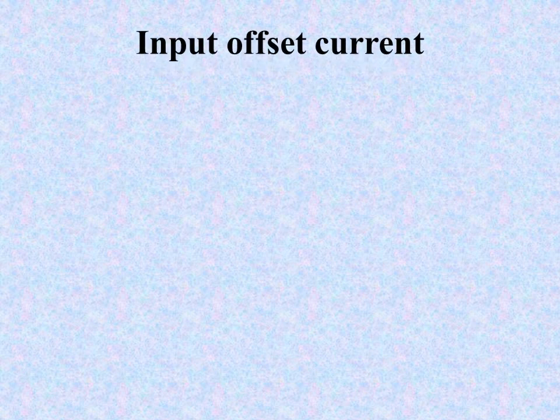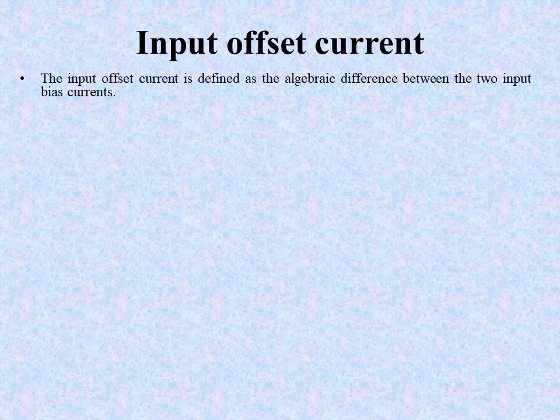Now next is input offset current. We have already studied its definition before. It is the algebraic difference between the two input bias currents, that is, I_IO is simply IB1 minus IB2.